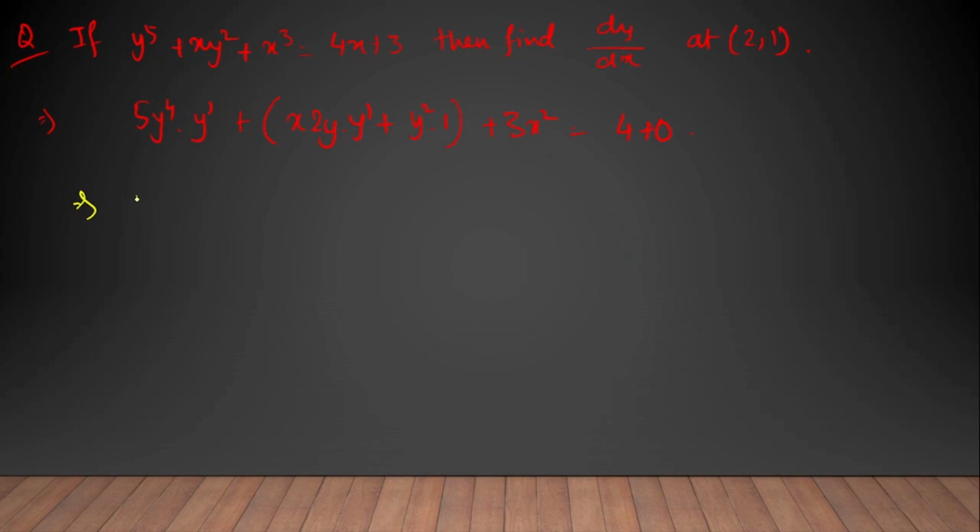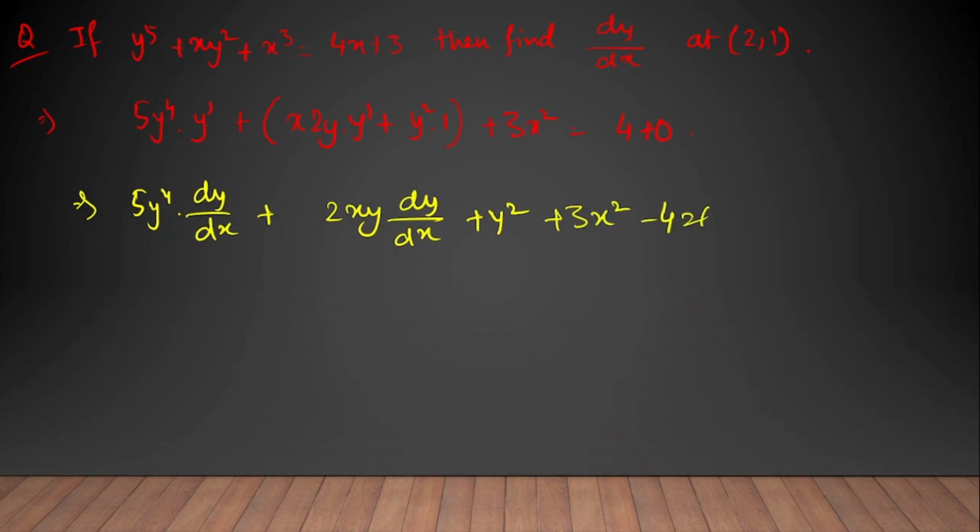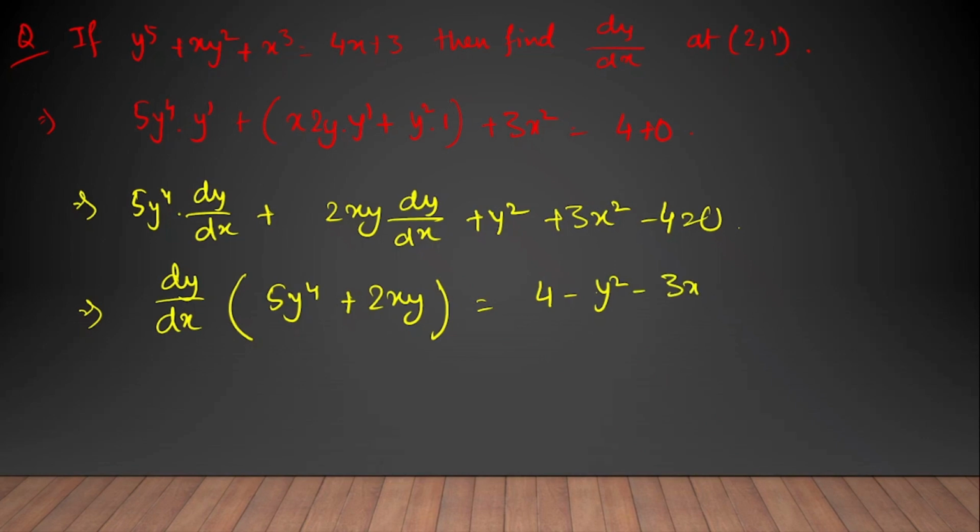Let's see, 5y power 4 dy/dx, where y dash is dy/dx, plus 2xy dy/dx plus y square. Taking off the brackets, plus 3x square minus 4 equals 0. On this side we take dy/dx common, so we can write 5y power 4 plus 2xy equals 4 minus y square minus 3x square.